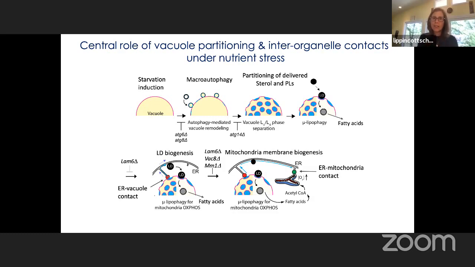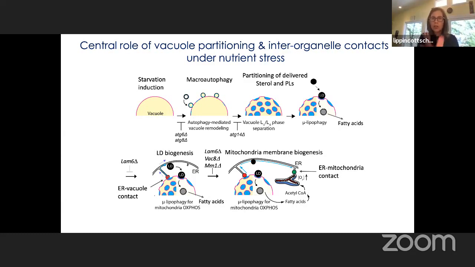That allows these cells to live for days without food. And that proliferation is also dependent on this lipid pipeline, where lipids are being carried from the vacuole back into the ER and then either put into lipid droplets or, through ER-mitochondrial contacts, delivered into the mitochondria, so the mitochondria can keep functioning under these conditions.